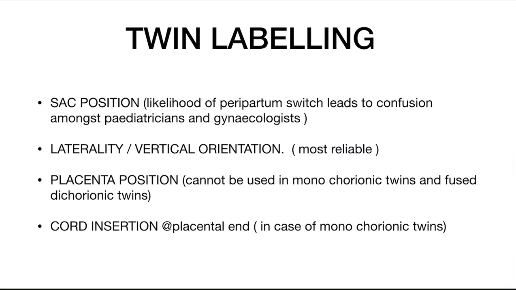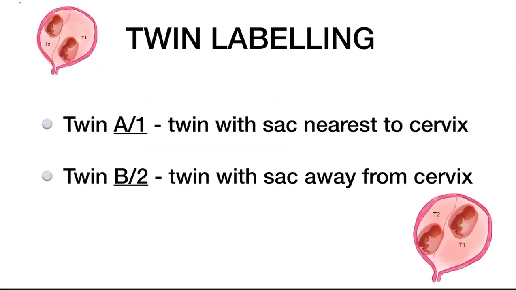So coming to the first method, that is as per the sac position. In this method, twin A is claimed as the twin with sac nearest to the cervix, and twin B or twin 2 is the twin with sac away from the cervix. So look here. This is the cervix, this is the uterus, and this one is nearest to the cervix.